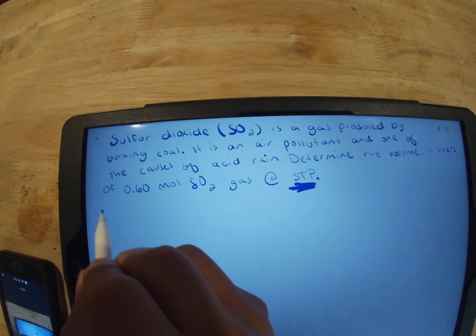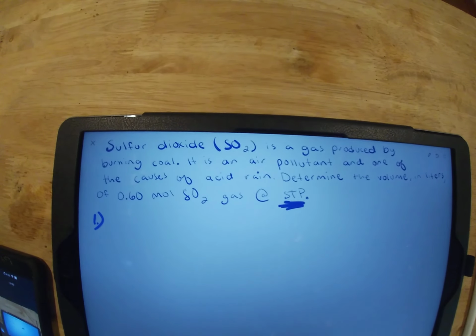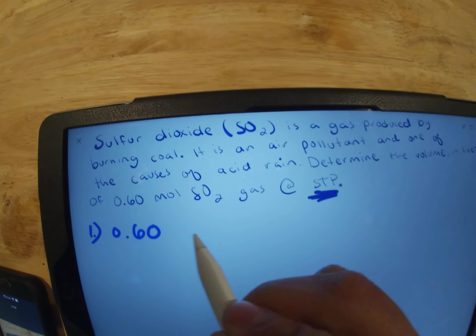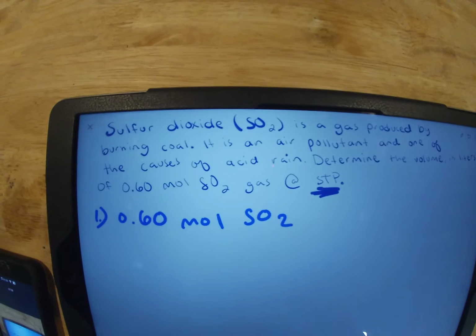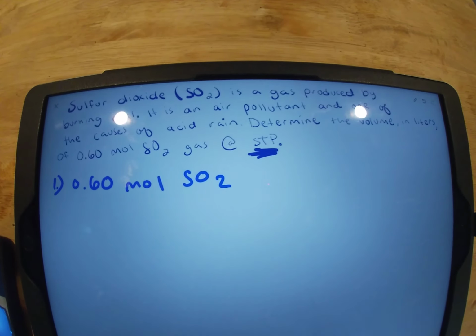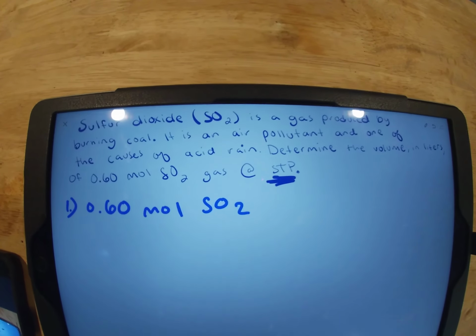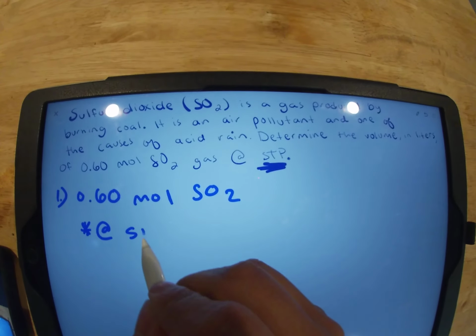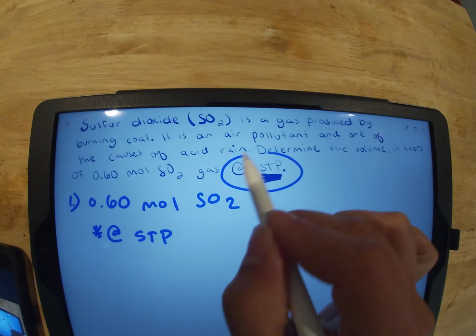First and foremost, we're going to realize what we're given. We are given that we have 0.6 moles of sulfur dioxide. That's how many moles we're given. The next thing we're given is that we're at STP.